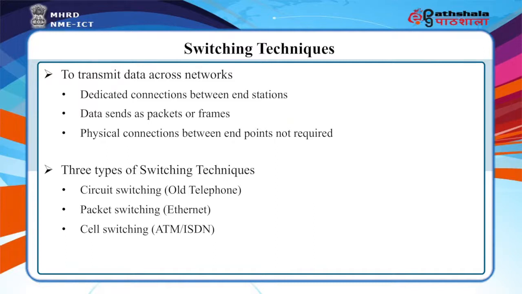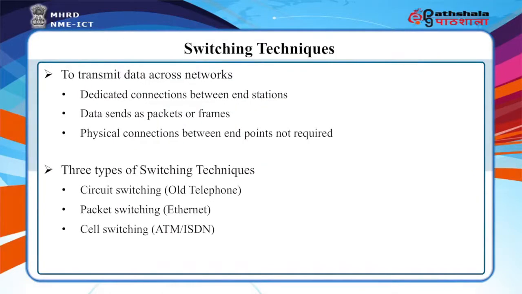And there are three types of switching techniques. The first one, which is the oldest, is circuit switching, which is used in our telephone. You can recall that to talk with another person in a wired telephone network, we need to establish a circuit between the two users till the telephone is used.